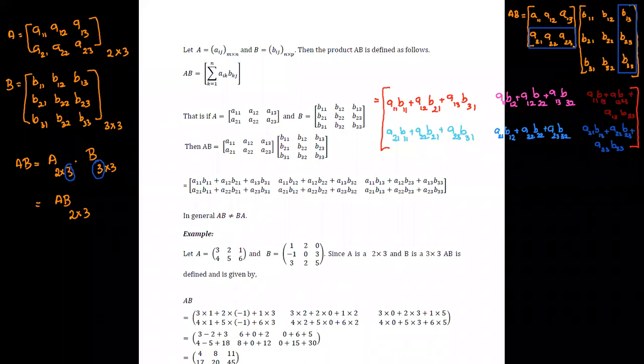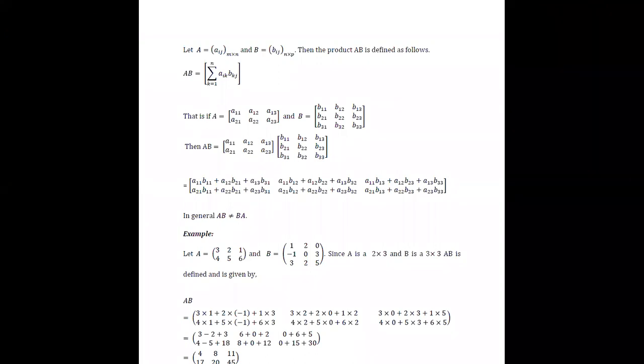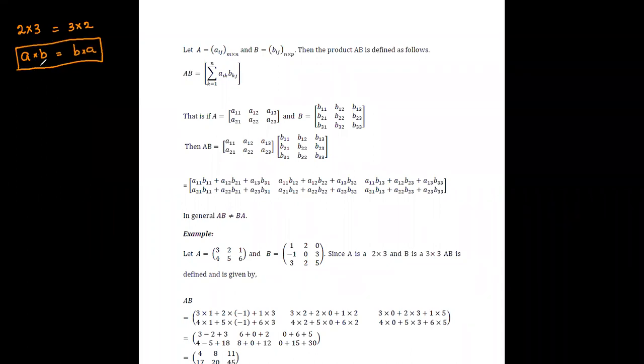But when we are discussing things with algebra, what we know is if you have 2 multiplied with 3, this is generally equal to 3 multiplied with 2. Therefore, using this concept, we say that A multiplied with B is generally equal to B multiplied with A. For algebra, this condition is satisfied.